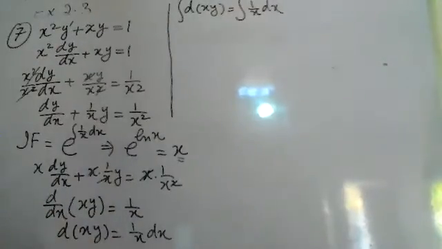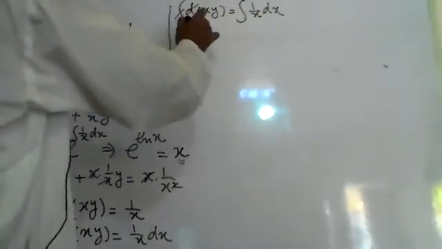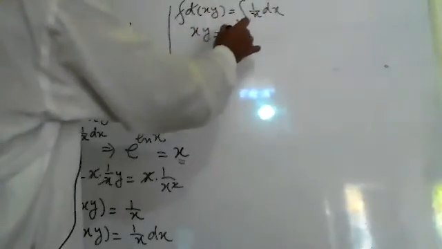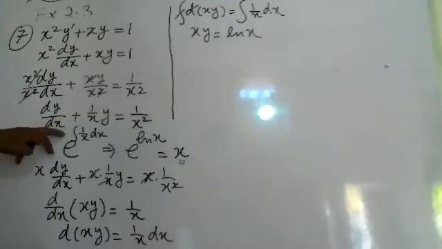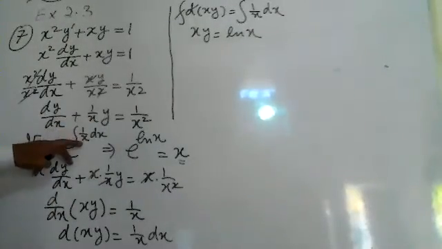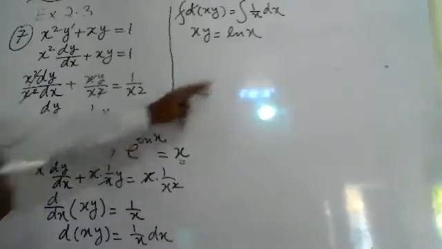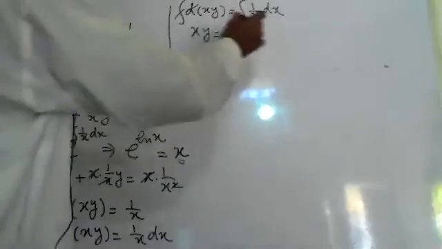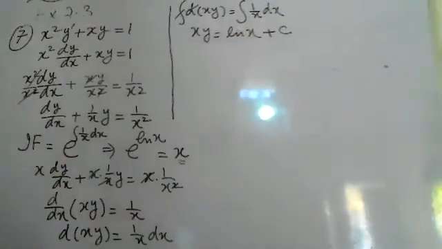Both the sides will put the integration. The integration and derivative cancel, giving xy, and the integration of 1 over x will be ln x. So therefore plus c.